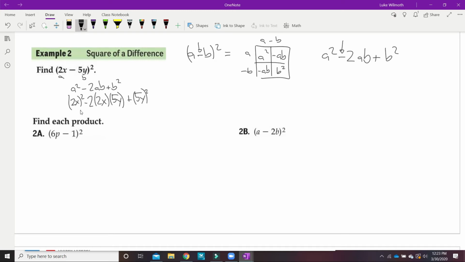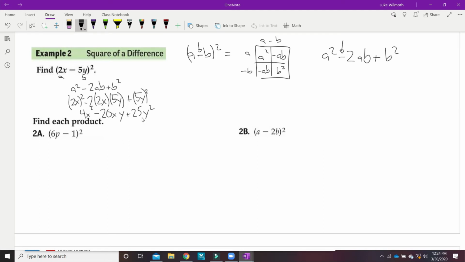So in this final answer, I get 4x squared, because 2 squared is 4, minus 2 times 2 is 4, times 5 is 20. So I get negative 20xy. And then 5 times 5 is 25. The y also gets squared. That is my final answer.